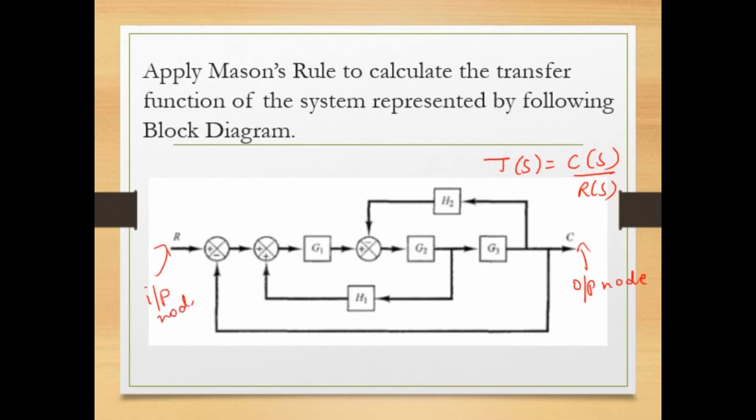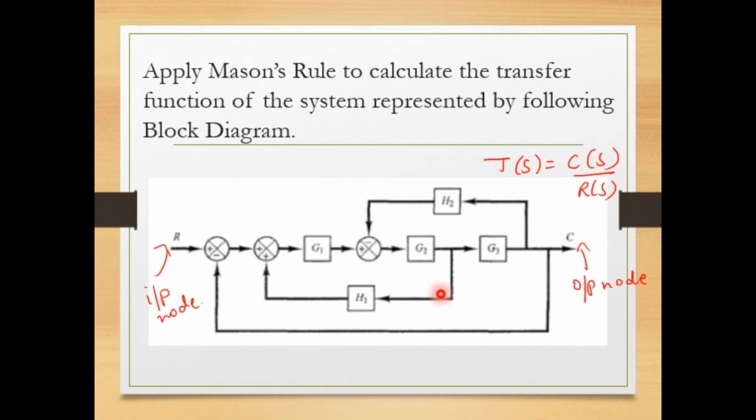Now you can see that in this particular block diagram, we have summing points and takeoff points. This is one takeoff point, this is the second takeoff point, and these three are the summing points. When you convert it into a signal flow graph, as I have already explained in the theory, all the summing points and the takeoff points have to be treated as nodes in the signal flow graph.